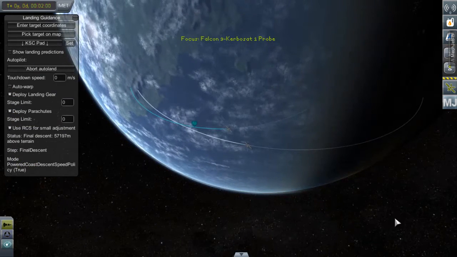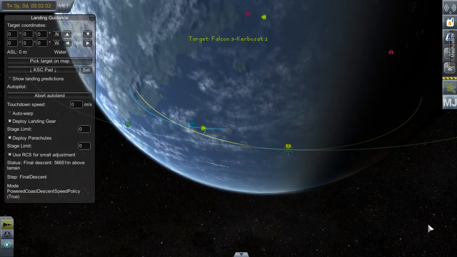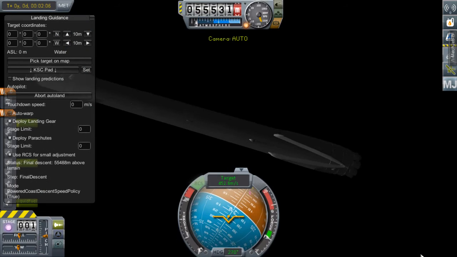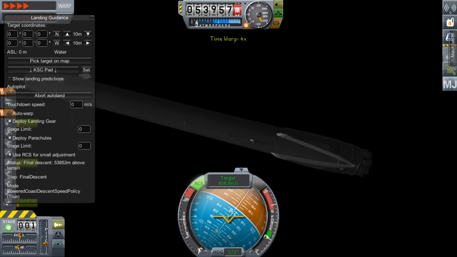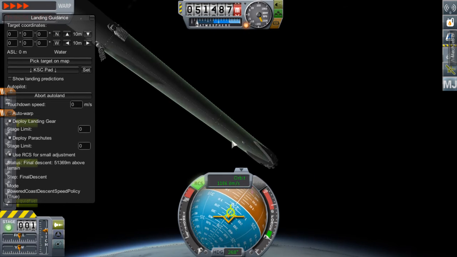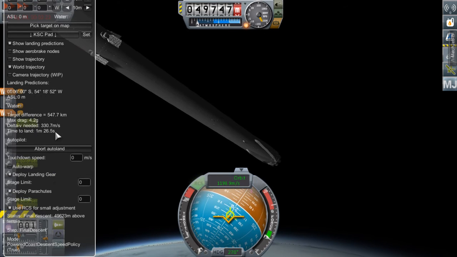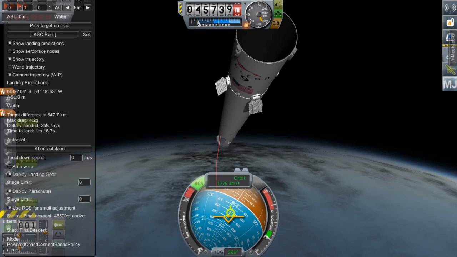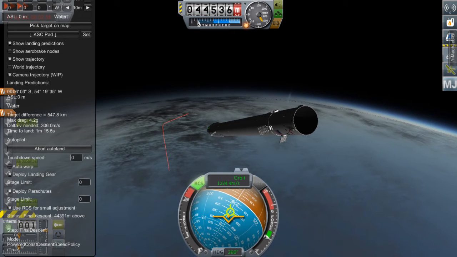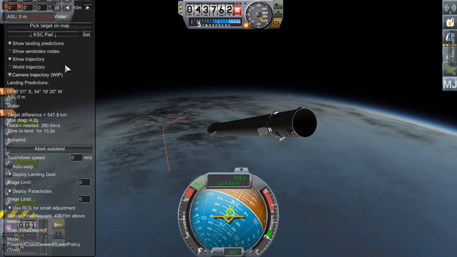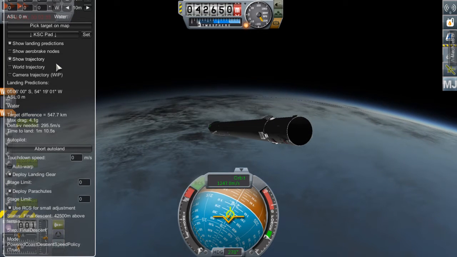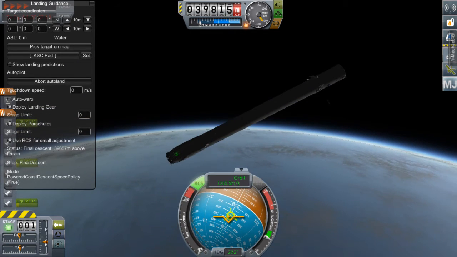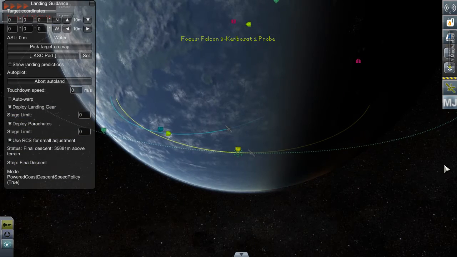Altitude 57 kilometers. 55. Beginning descent profile. Descent profile nominal. 38 kilometers above the surface.